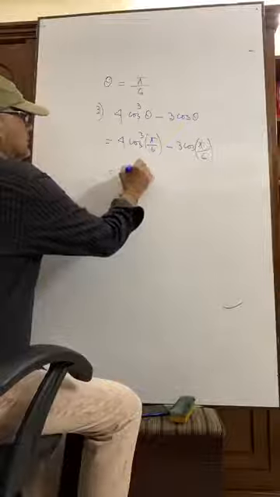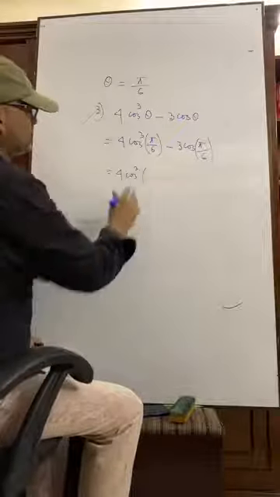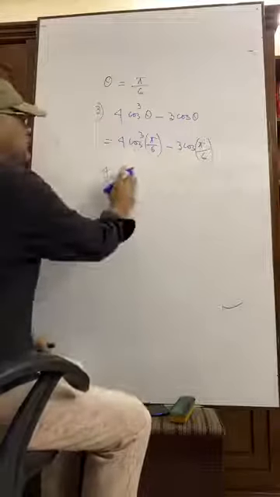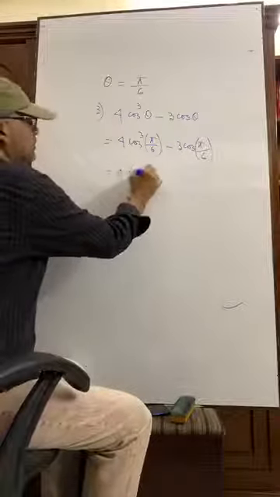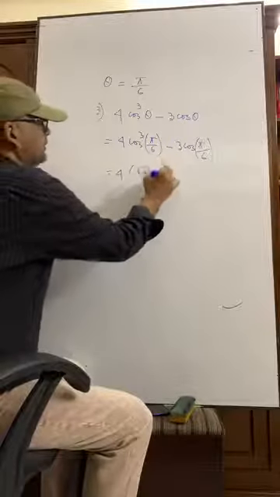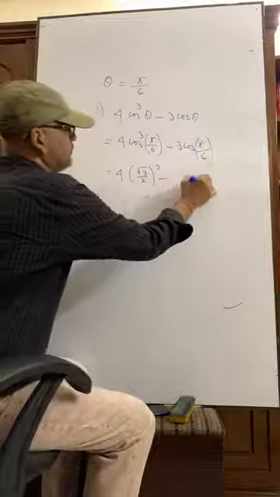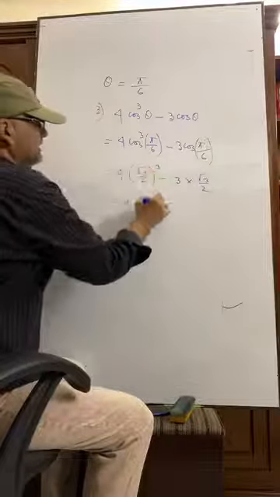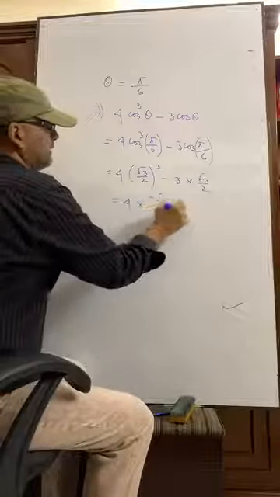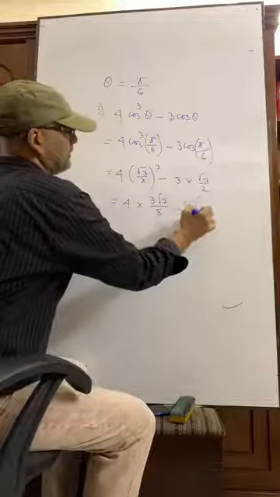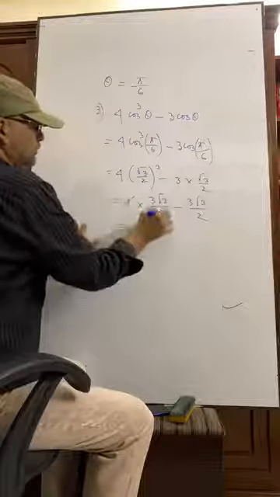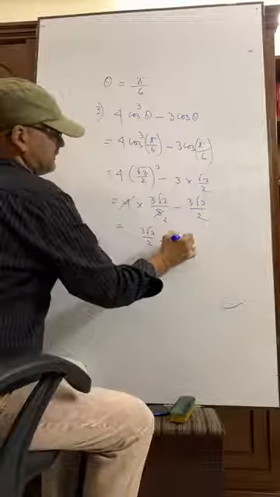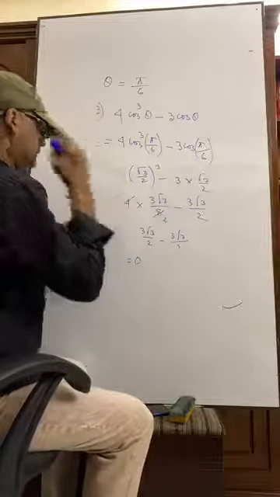Pi by 6 means 30 degree, cos 30 equals root 3 by 2. Root 3 by 2 whole cube minus 3 into root 3 by 2. That means 4 into 3 root 3 by 8 minus 3 root 3 by 2. So 3 root 3 by 2 minus 3 root 3 by 2 is equal to 0.